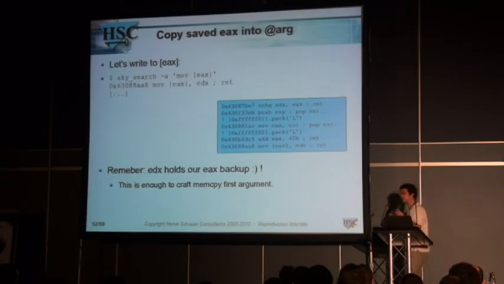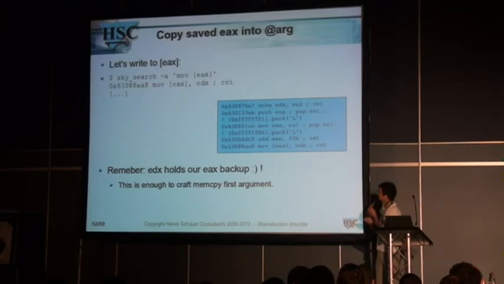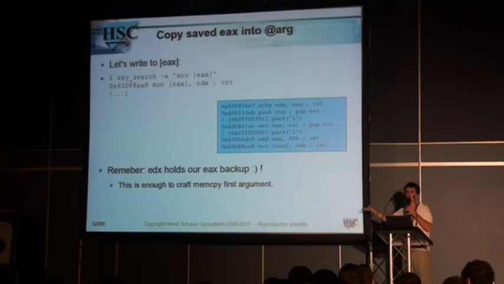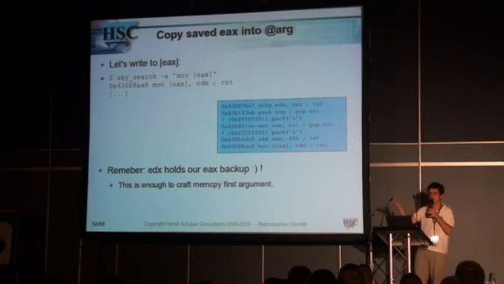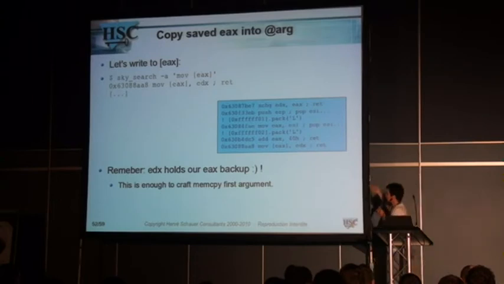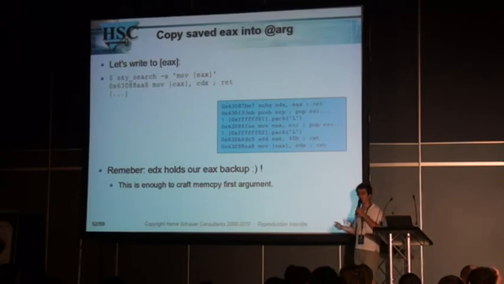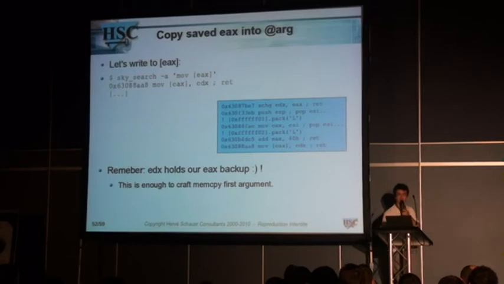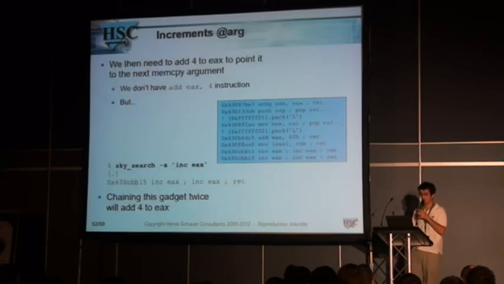Okay, so right now we need to write to the address pointed to by EAX. So we search for a simple instruction which uses the pointer in EAX. We found just the one we need. Since EDX holds our EAX backup, this is enough to craft the memcopy first argument. So let's add this line to our ROP payload.